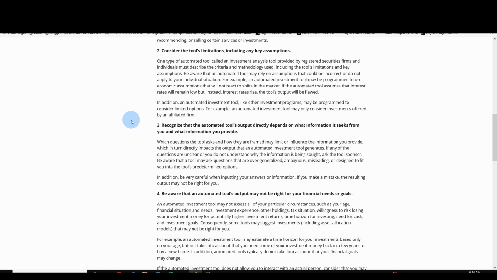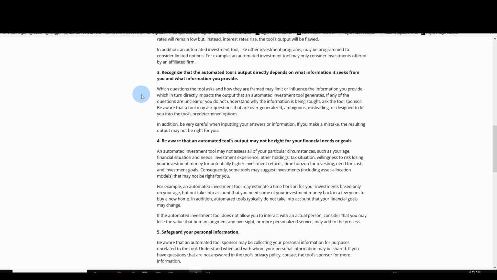In addition, an automated investment tool, like other investment programs, may be programmed to consider limited options. For example, an automated investment tool may only consider investments offered by an affiliated firm. Recognize that the automated tool's output directly depends on what information it seeks from you and what information you provide.